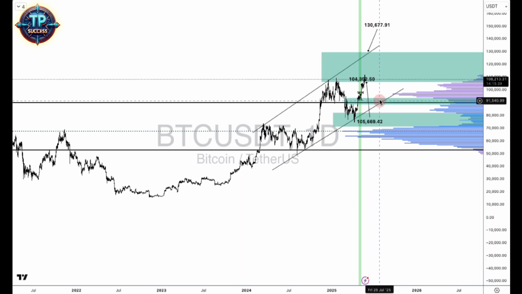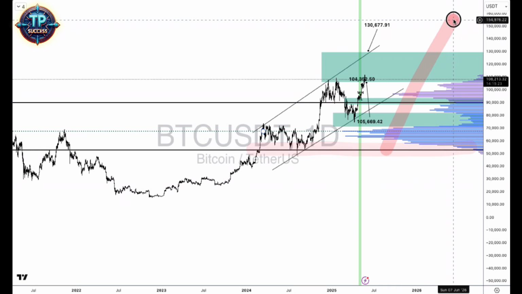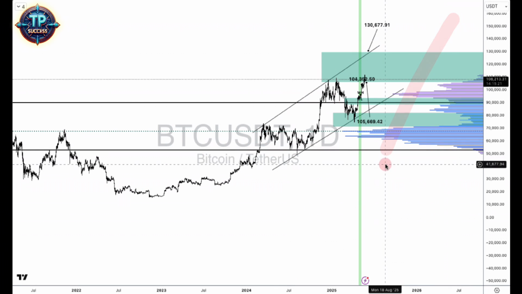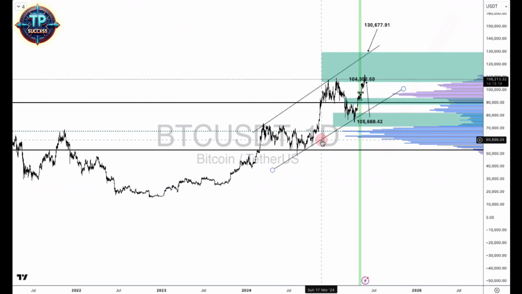I think the likeliest scenario, if BTC leaves this area right here, is that worst case it comes down to the low side of the high value area, this area right here, and then it's going to blast off again. It's going to make a lot of sense if it comes to that location.